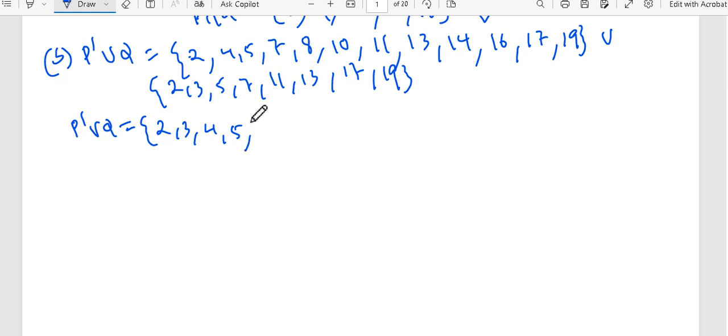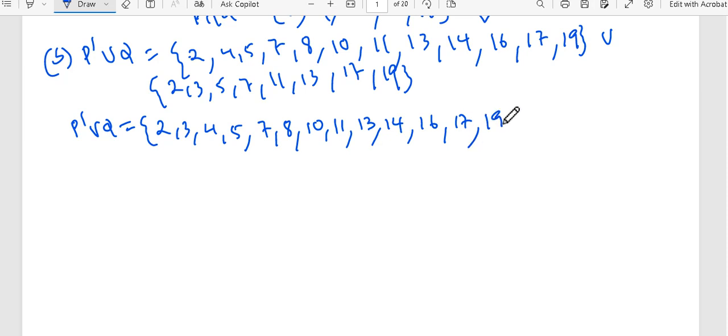You have to be very careful when listing the elements out. 7, we have 8, there's no 9, we have 10, there's 11, there's no 12, we have 13, we have 14, no 15, there's 16, there's 17, no 18, then 19. So this is P prime union Q.